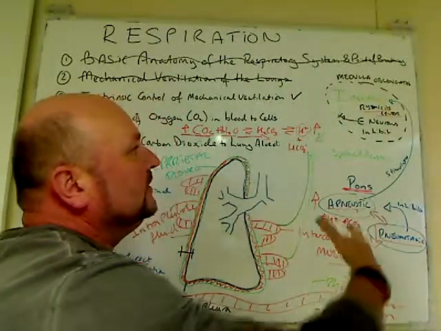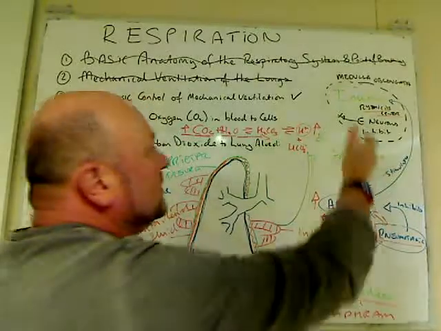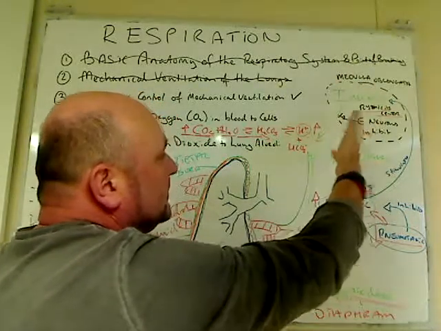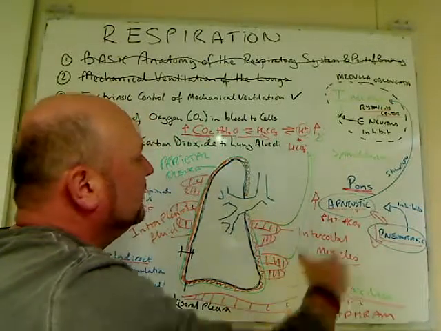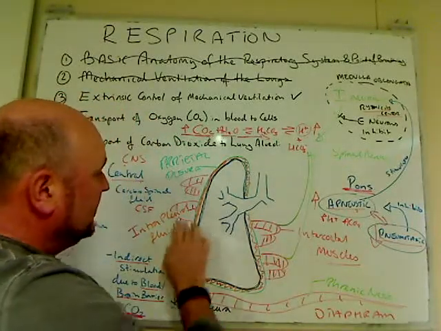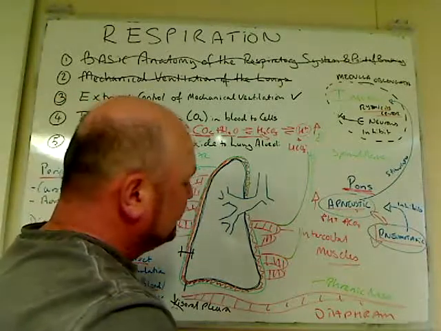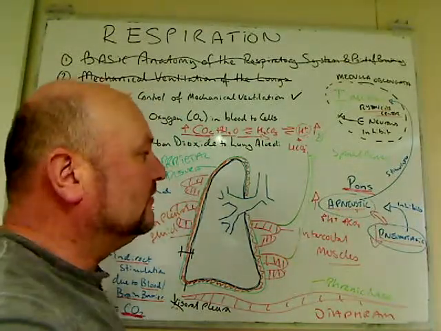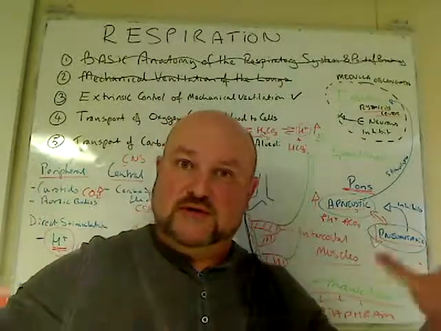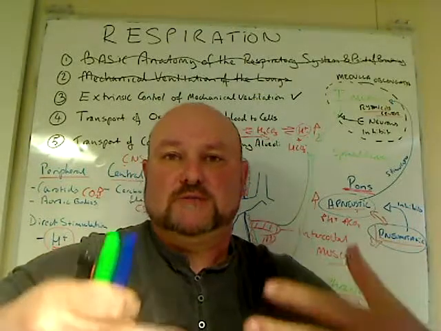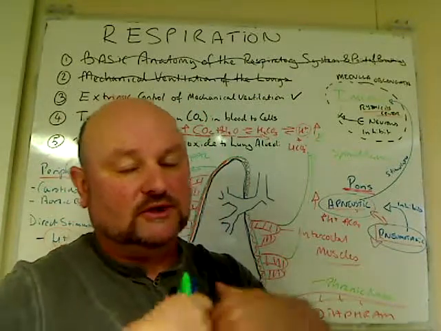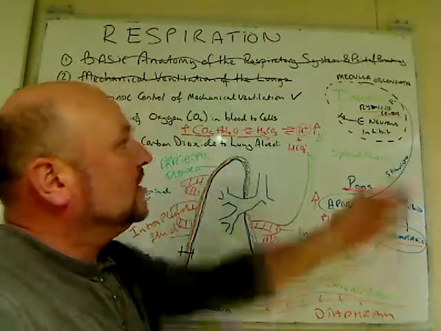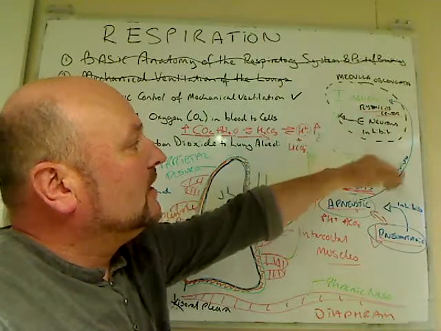At rest, the I neurons are being stimulated, and they send the stimulus down through the spinal nerves and the phrenic nerve, which feeds the diaphragm and causes the contraction of the intercostal muscles and the diaphragm, which we talked about in the last one. This increases the volume, causes the chest to come out and up, and the diaphragm to go down. Increase in volume, decrease in pressure, in comes the air. So that's coming from the medulla oblongata.